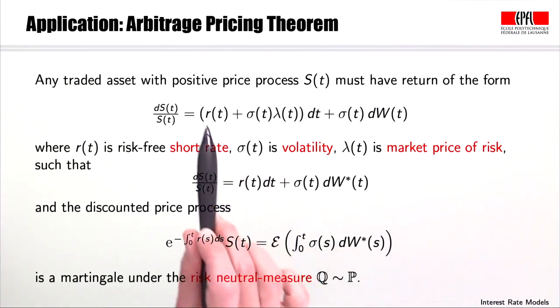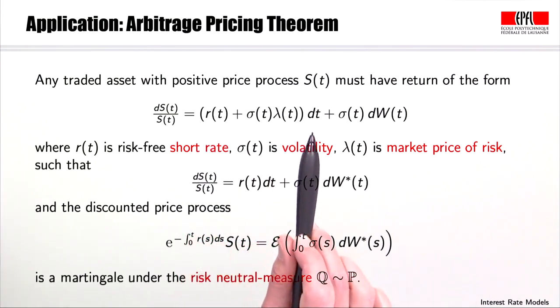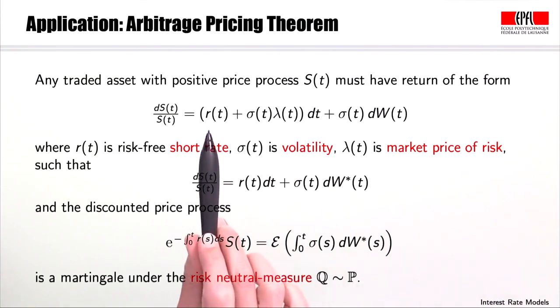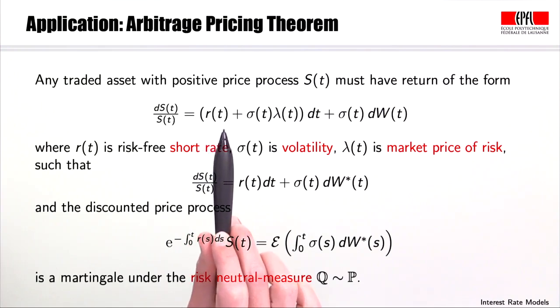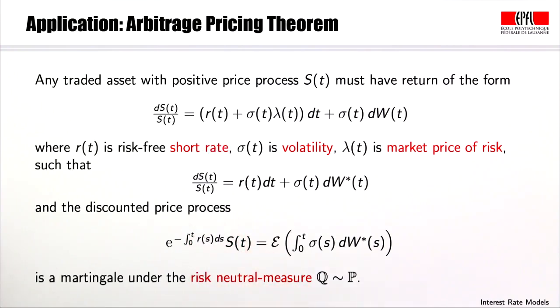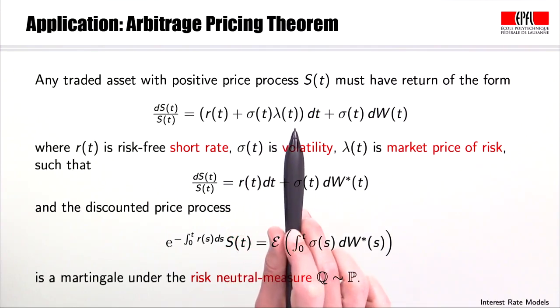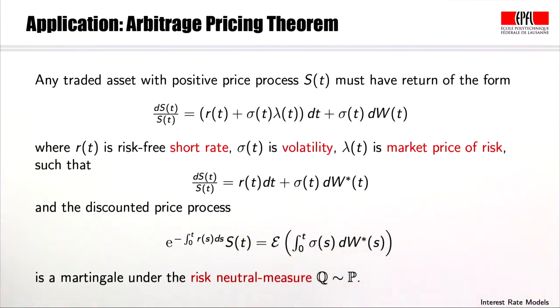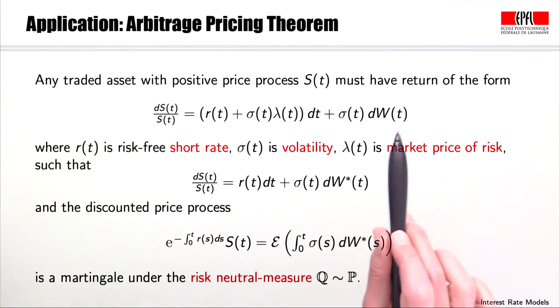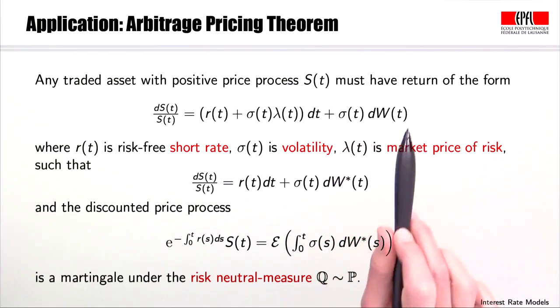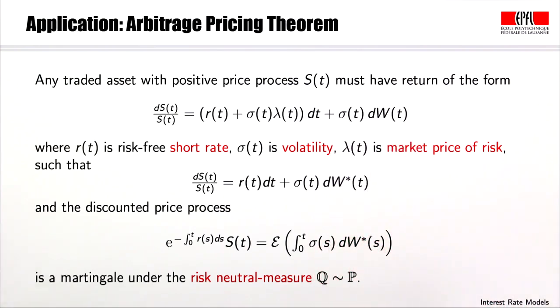The drift component models the expected return. Its rate is the sum of the short rate, r_t, plus a risk premium, which is of the form sigma times lambda. Sigma is the volatility of the return.